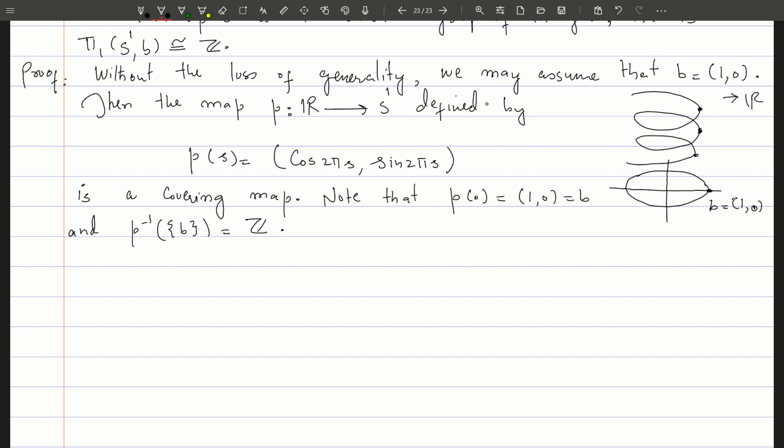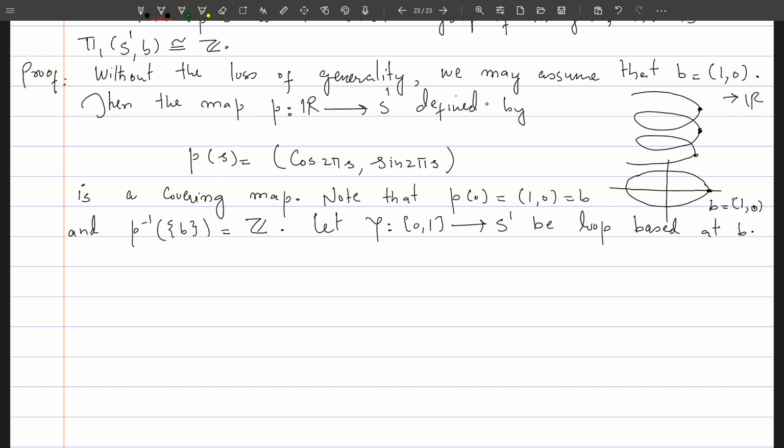Now let us choose some loop on S1. So let gamma from the interval [0, 1] to S1 be a loop based at B. Now this gamma is a loop on the circle, so this gamma may look like this.